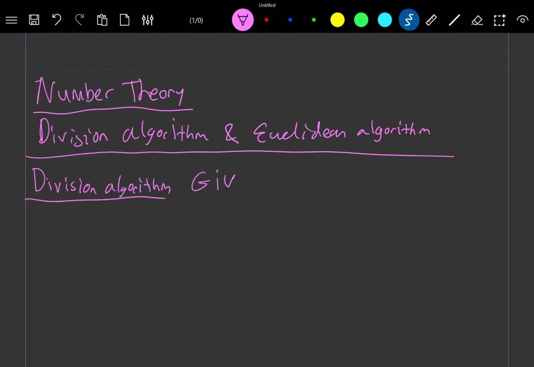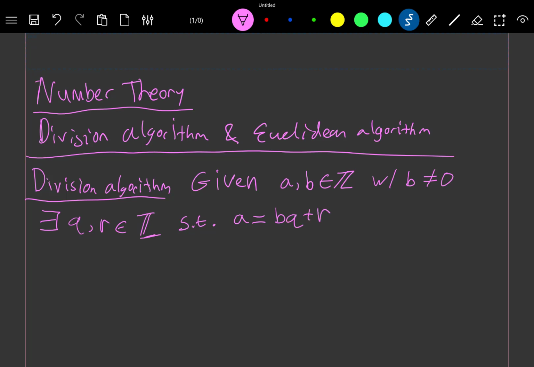Given integers a and b, where b can't be 0, because you can't divide by 0, then there exist integers q and r such that a is equal to bq plus r, with r either 0 or less than b.